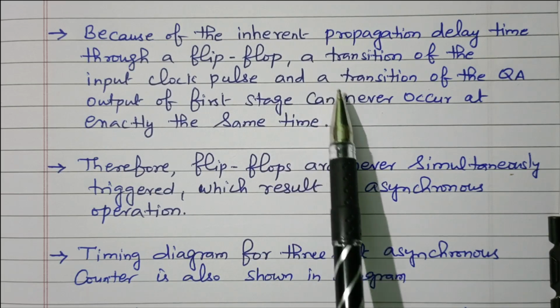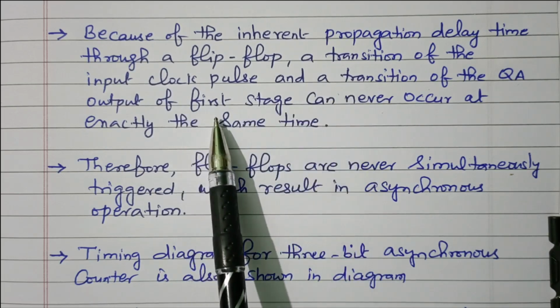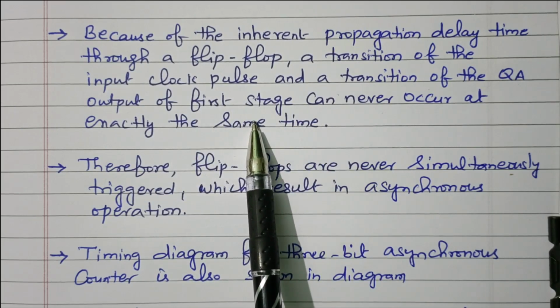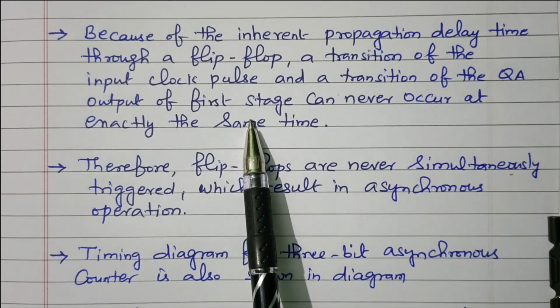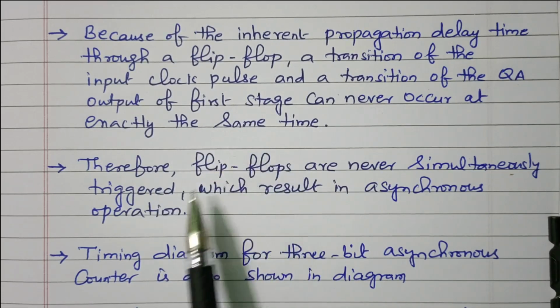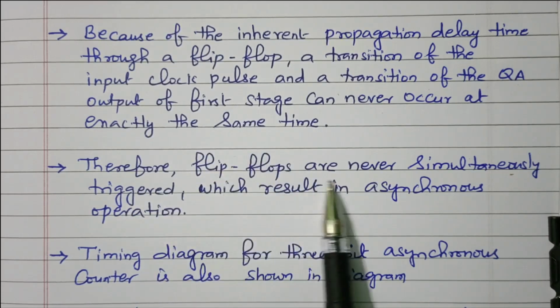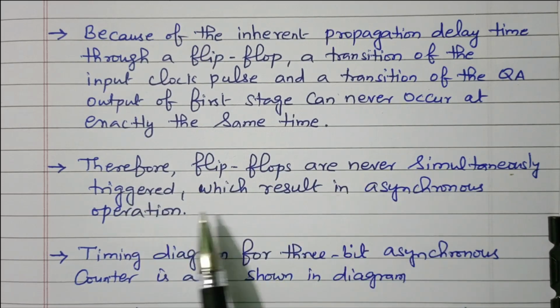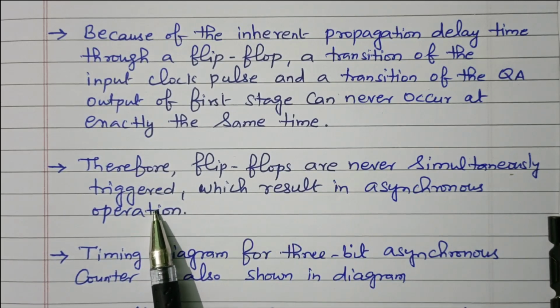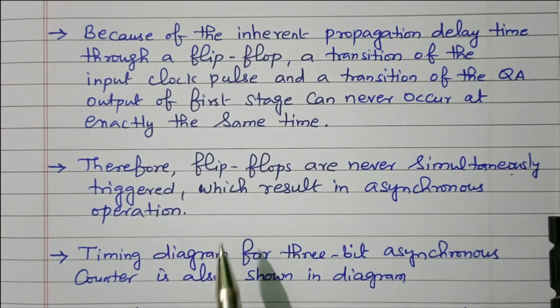So the transitions of the output of the first stage and the next stage never occur at the same time. Right? The first flip-flop will produce the output, and only then will the second flip-flop produce the output. Thereby flip-flops are never simultaneously triggered, which results in asynchronous operation. So it is not triggered simultaneously. One by one it is triggered, so that it is asynchronous.